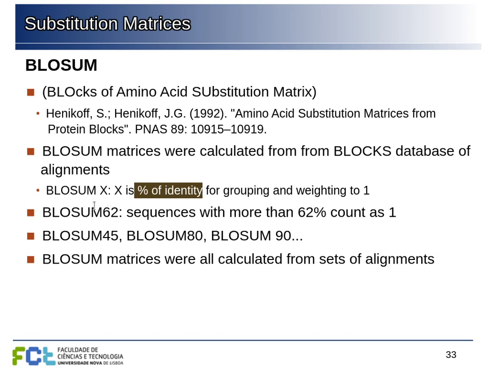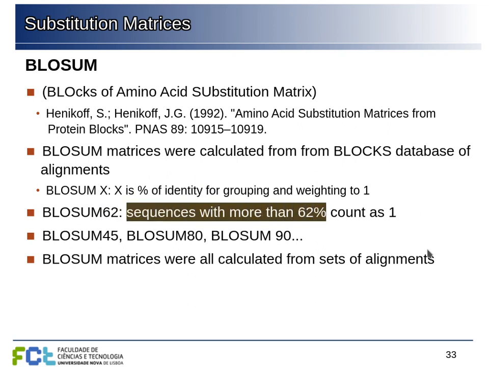So, for example, BLOSUM 62 means that all sequences with more than 62% identity among themselves count only as a single sequence. They are weighted down in the computation of the substitutions, so that they count in total only as one.